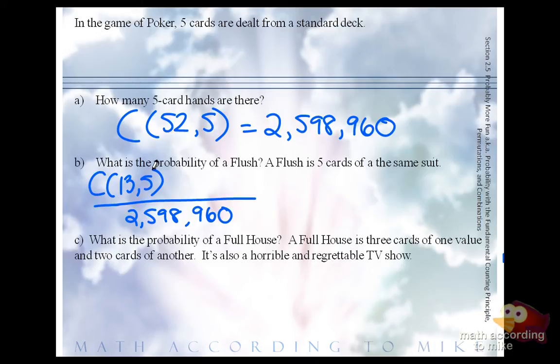But, added bonus, we could get a heart flush, a spade flush, a club flush, a diamond flush. So we need to multiply this by 4. But that could also be thought of as a combination: of the 4 suits, we need to pick one. 4 choose 1 is 4.